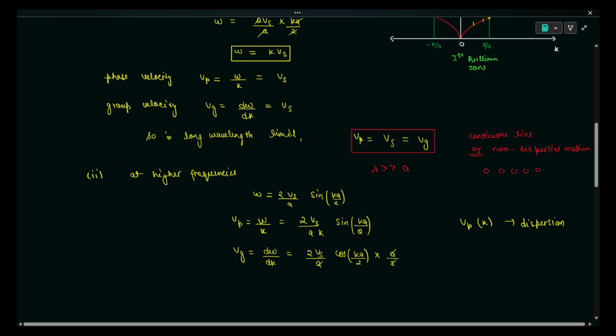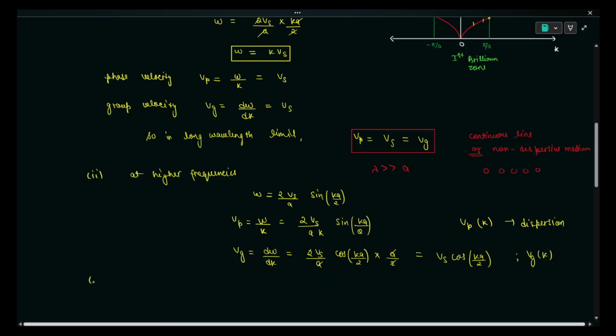So a by 2 will cancel out this, so you will get Vs cos ka by 2. So here also this group velocity is a function of wave vector k or frequency, right? So this particular region is known as a dispersive region.